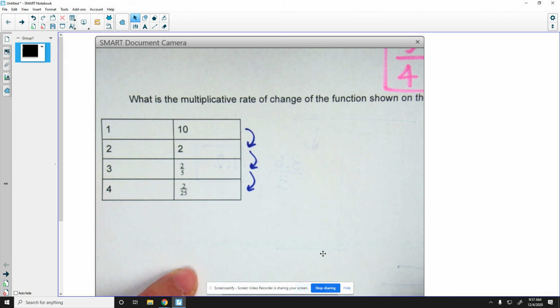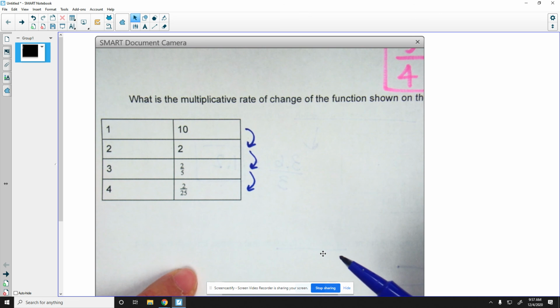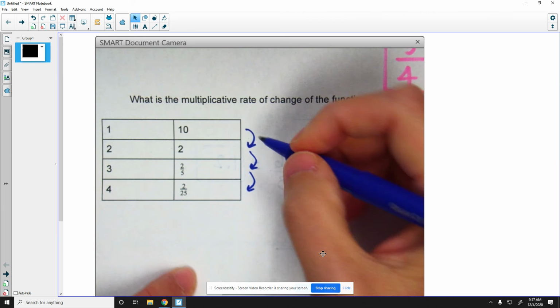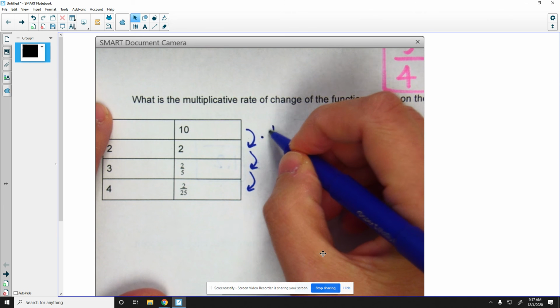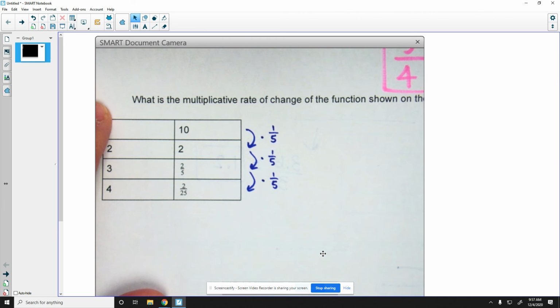So does anyone remember, what do I do to see what it is in terms of multiply? Read. Always put 1/5. But how do you know it's 1/5? What the negative sign is. Okay, so Reed is saying that divide by 5 is the same as saying times 1/5.